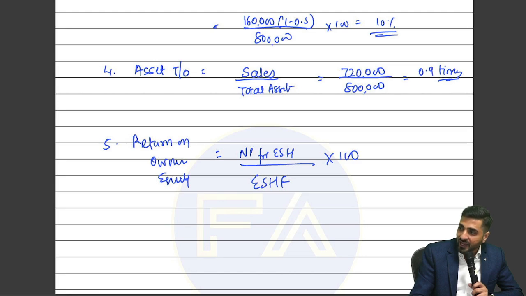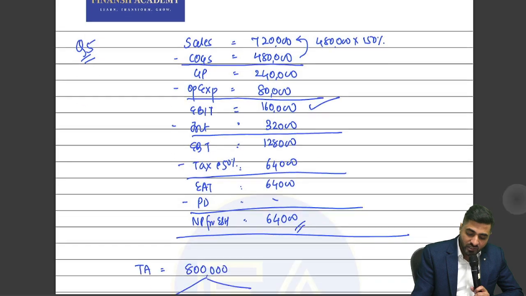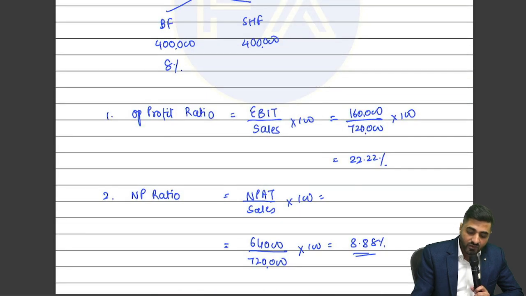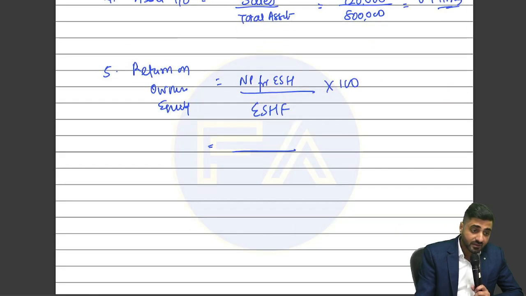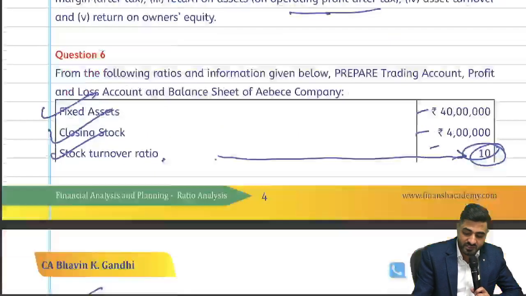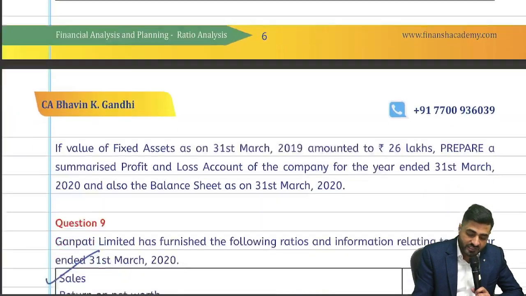Equity shareholders' funds are 4 lakhs. Net profit available for equity shareholders is 64, on 4 lakhs. Returns should always be in percentage, so multiply by 100. Have you all understood this?